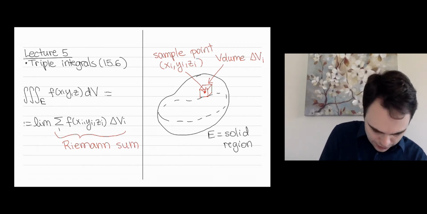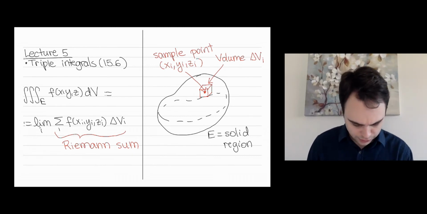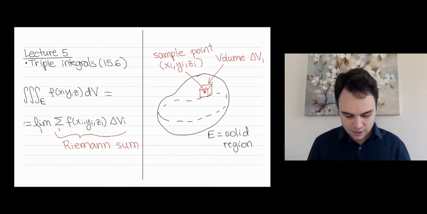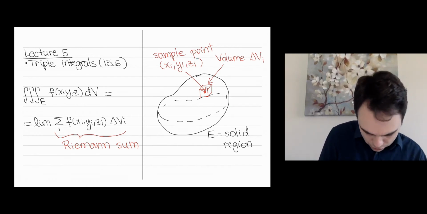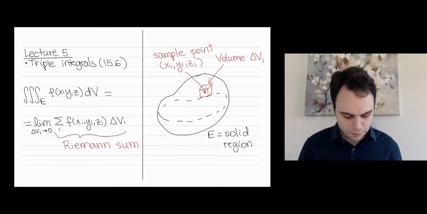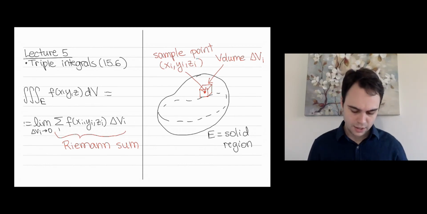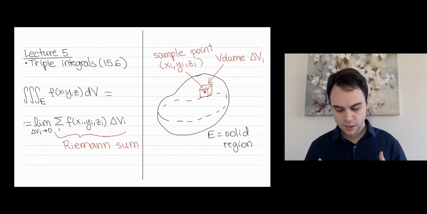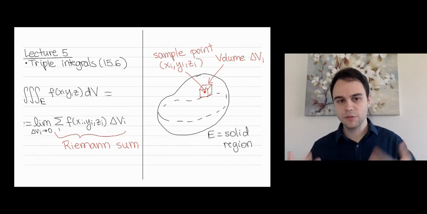And here we're adding over all the pieces in the subdivision of my original integral, and we're taking a limit, let me indicate this in the notation, as delta vi goes to 0. So here I'm not being very clear about what it means to take a limit as the subdivisions of E become finer and finer.